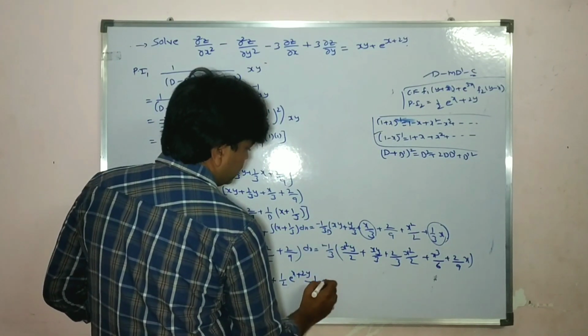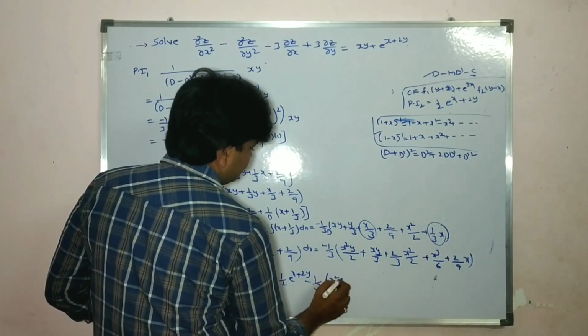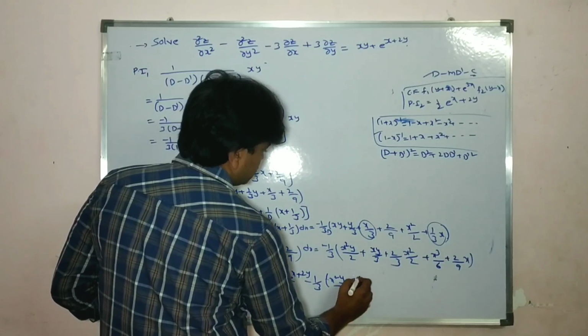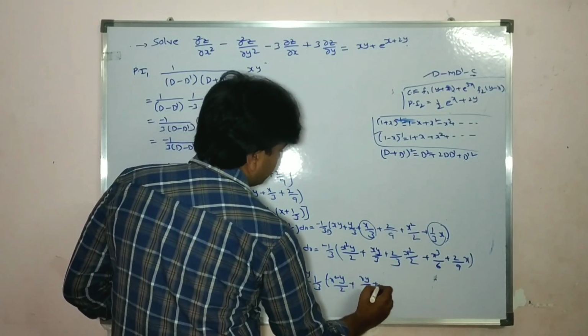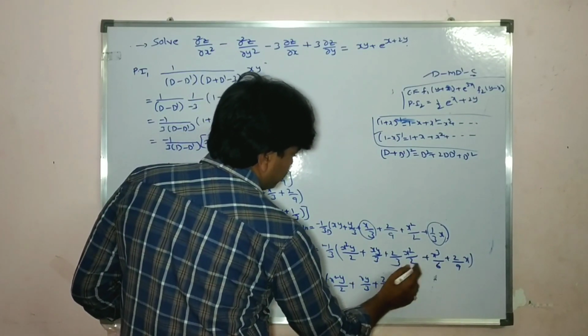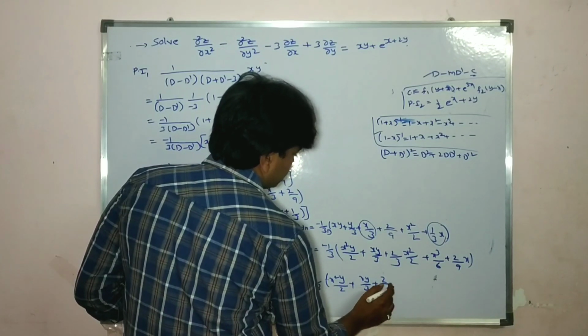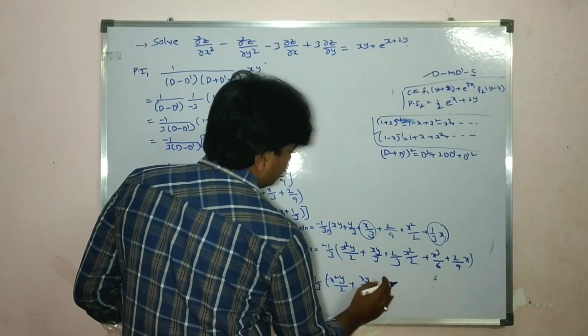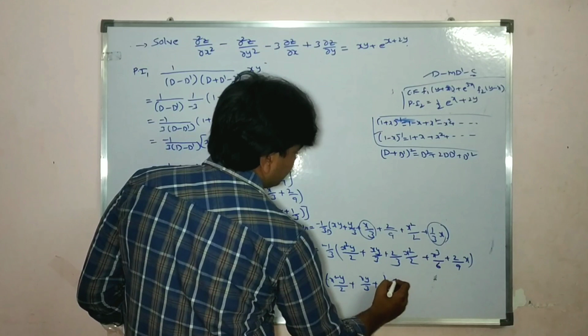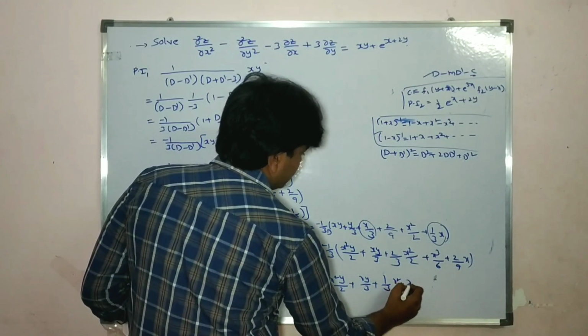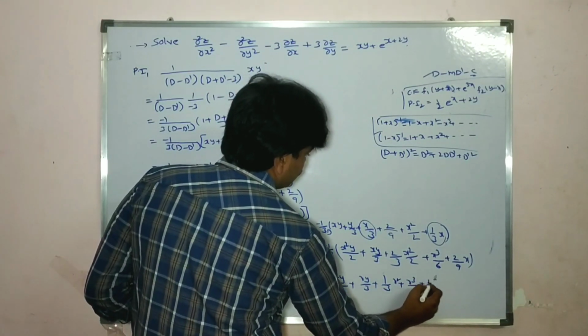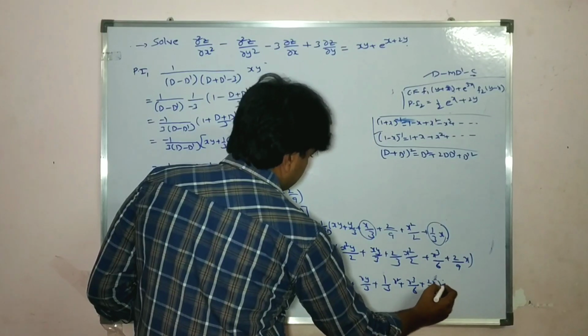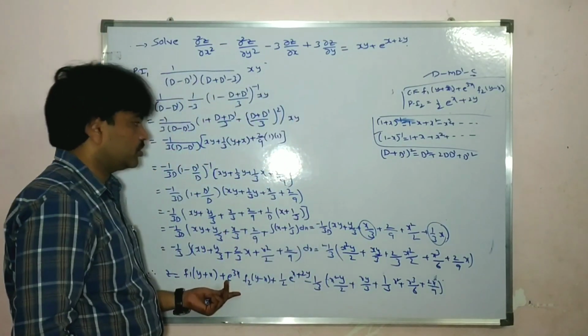Minus 1 by 3 x square y by 2 plus xy by 3 plus 2 by 3, 2 into 3 is 6, 2 by 6 means 1 by 3, students, 1 by 3 x square plus x cube by 6 plus 2x by 9, which is the required solution of the given problem, students.